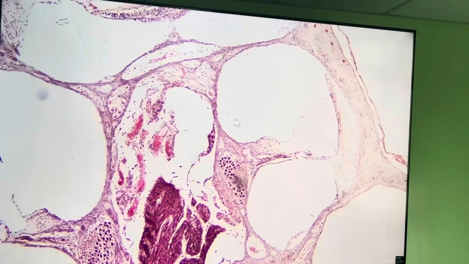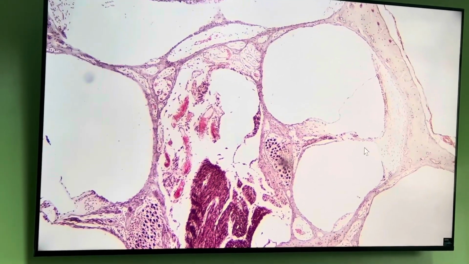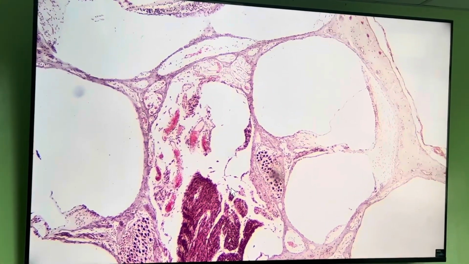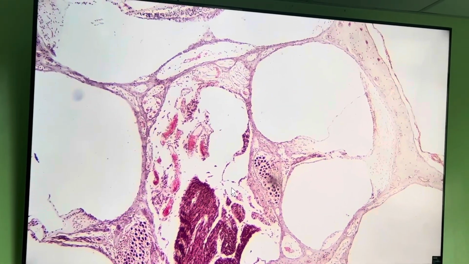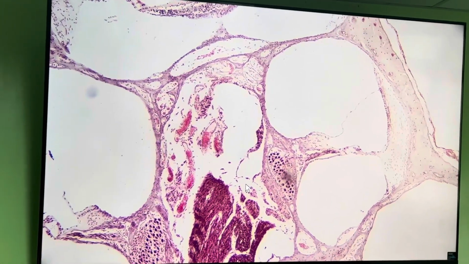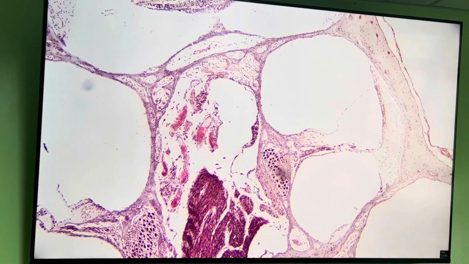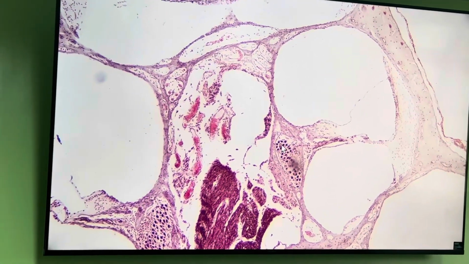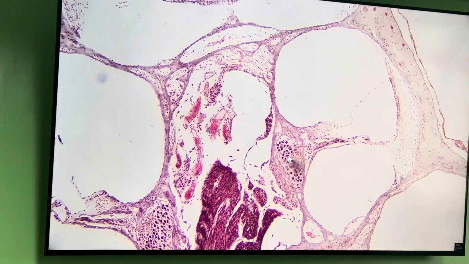So the innervation of the cochlea would be cranial nerve 8. Okay, so we have the vestibulocochlear nerve, and we have here the ganglion cells, which would be the representation of the cranial nerve.